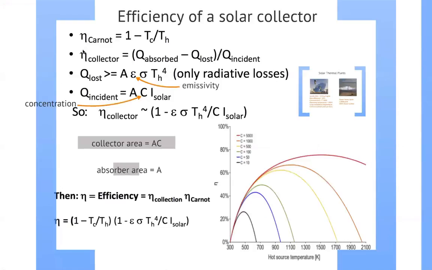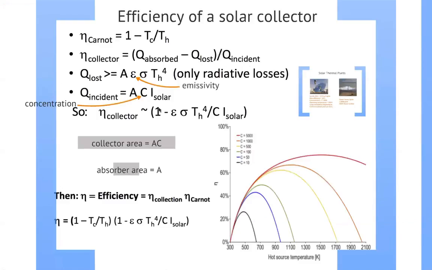Again, remember, we are trying to compute the efficiency of the collector. So we have done the losses, we've done the incident power. How much is absorbed? We're going to assume that everything is absorbed. Okay, so it's an ideal collector. In other words, everything that comes in is absorbed. So Q absorbed is now equal to Q incident. That makes our equation simpler.